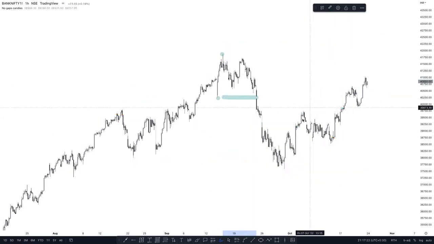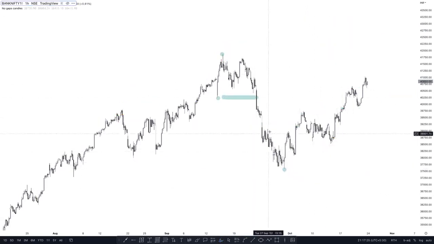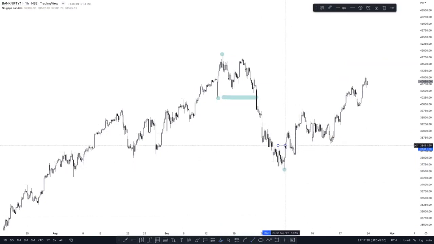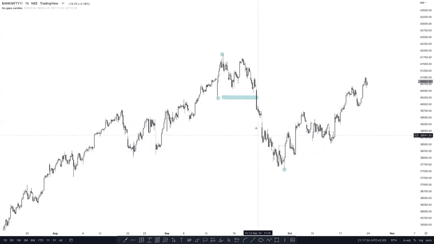The market created a lower low, which is here. And this one is our inducement. After taking out the inducement, this lower low is confirmed. And in this leg we can sell here. The first unmitigated area is here, so we can sell here, correct?